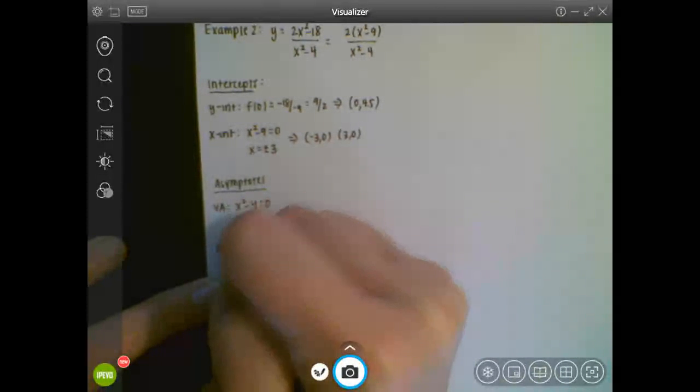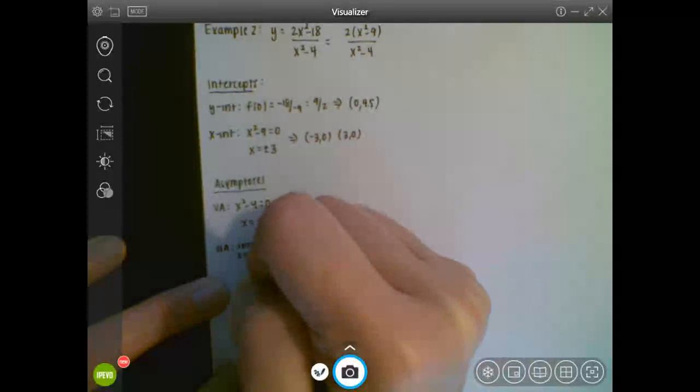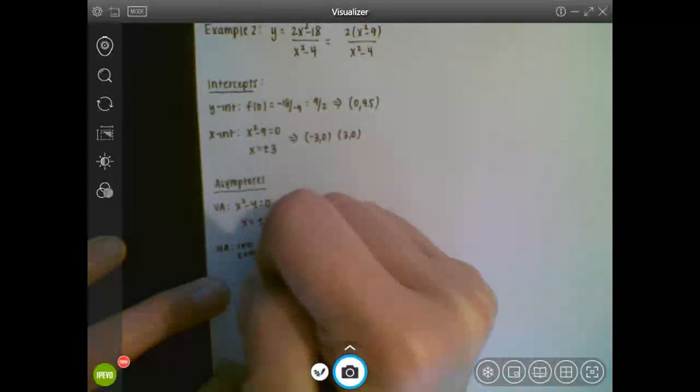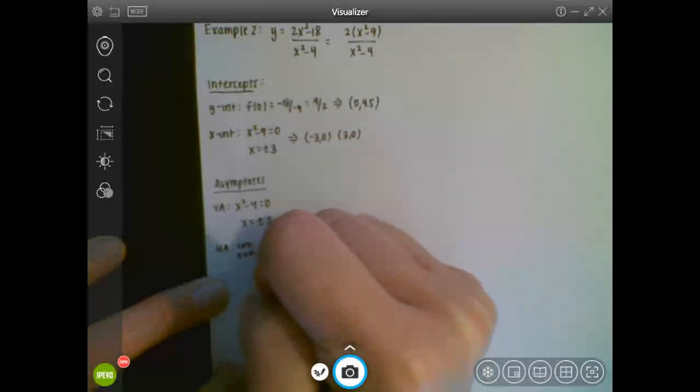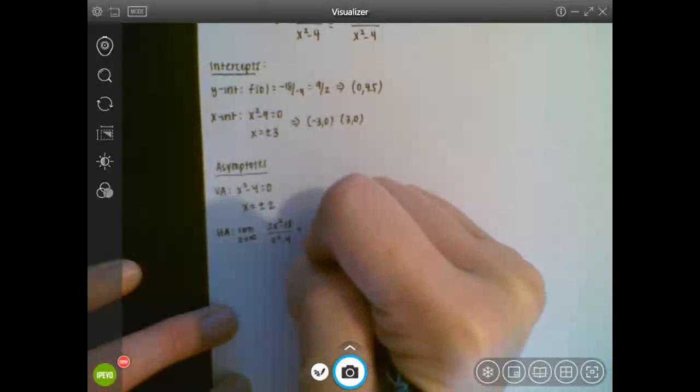So I'm going to go ahead and take the limit as x is approaching infinity of 2x squared minus 18 over x squared minus 4. It looks like I want to divide by my highest power of x squared.